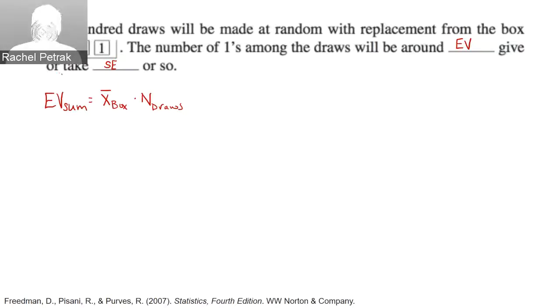What's the mean of this box? Yep, it's actually 0.3 because we're going to keep it in proportion form for now, times the number of draws, 600. Thus, the expected value for the sum of 600 draws from this box is 200.